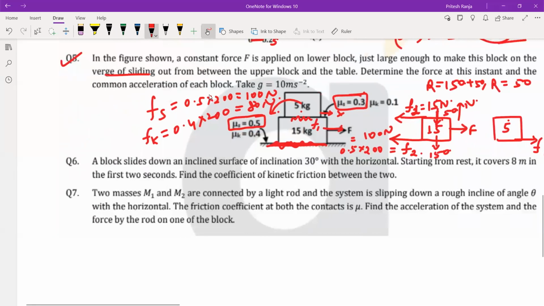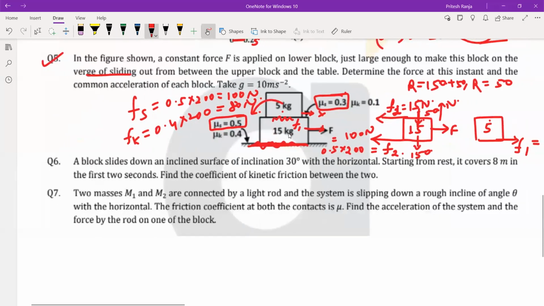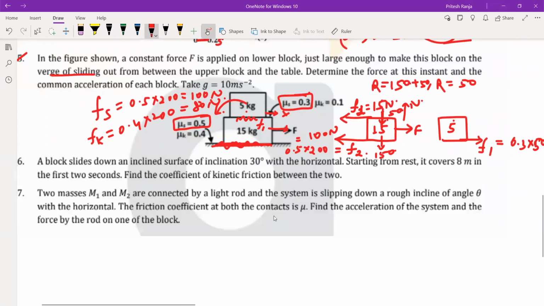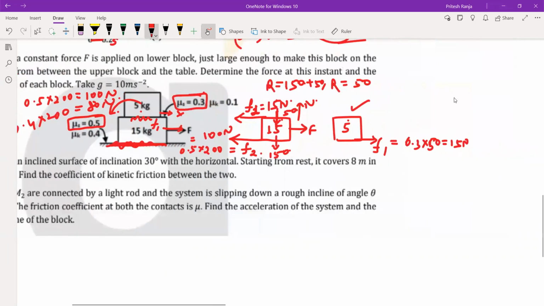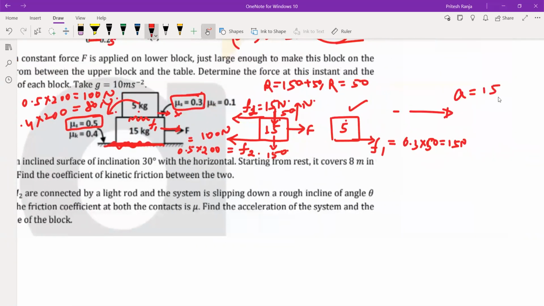So we have to find the common acceleration of each block. If we observe, this block appears like a system. At the top block, the friction force will give rise to acceleration. That will be force divided by its mass, so that will be 3 meter per second square.